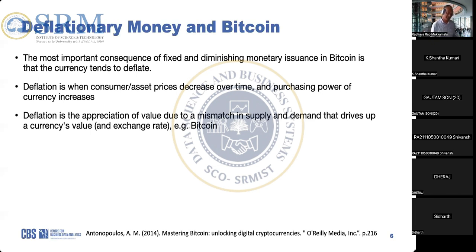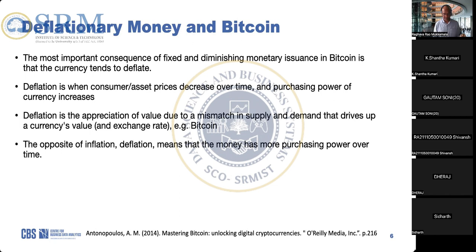People will stop buying houses and land because this is not an immediate necessity for them, and then the prices will fall. So this is a deflationary phenomenon, mostly associated with real estate and other kinds of properties.